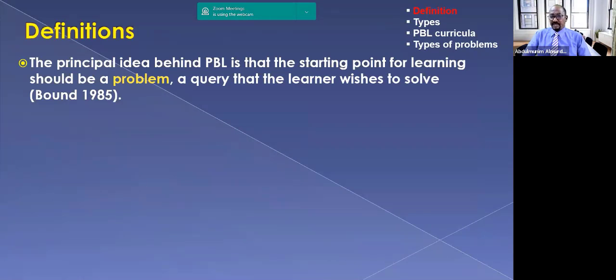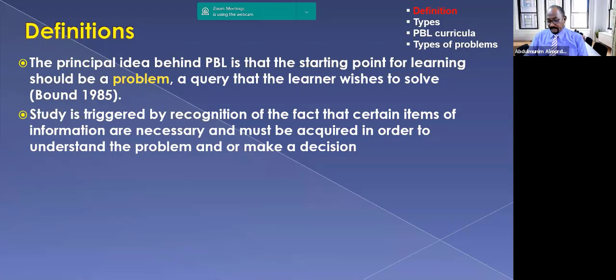First, there are many definitions. For example, Bound in 1985 said, the principal idea behind problem-based learning is that the starting point for learning should be a problem, a query that the learner wishes to solve. So this is the first definition by Bound in 1985.